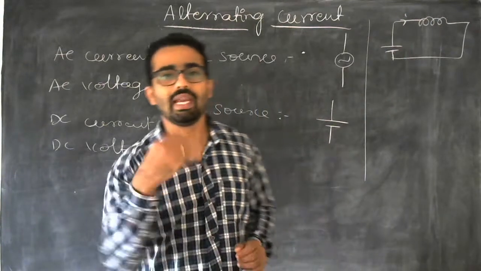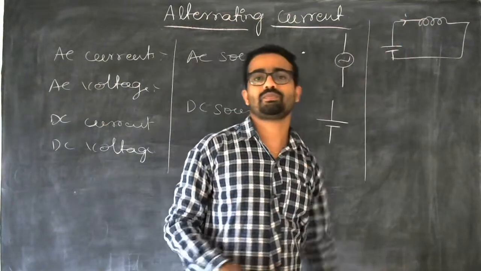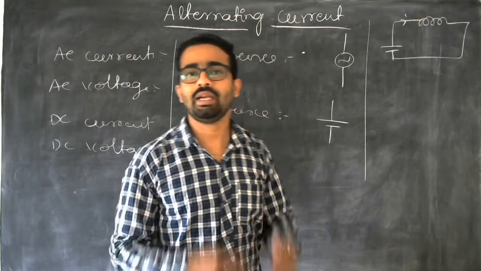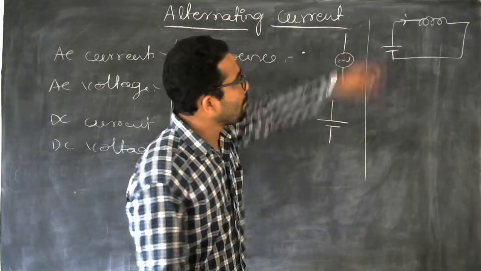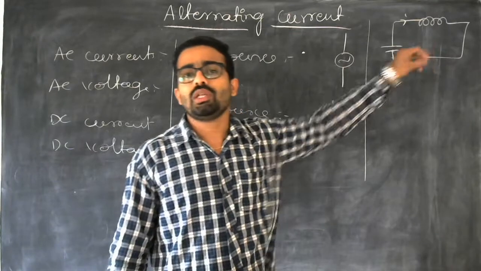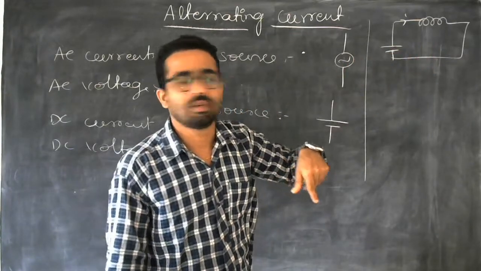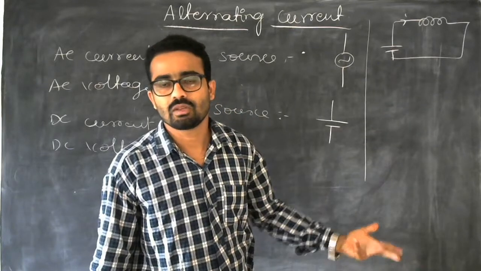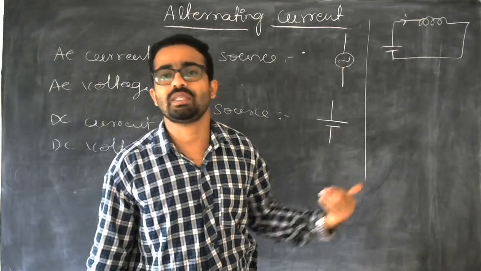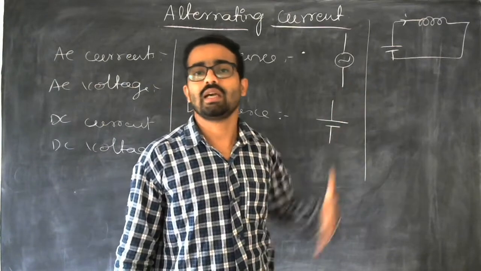Let's say a variable current is flowing through this. Variable current means current is changing with respect to time. So you can show the variation of current with respect to time graphically. That is one way of representing this current.